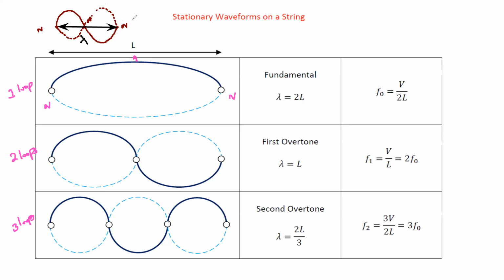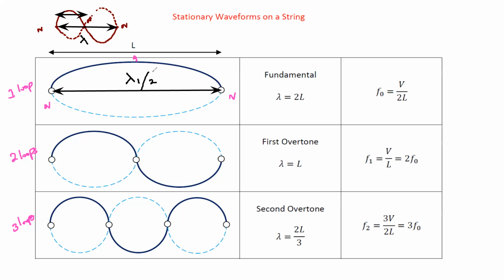So three successive nodes is lambda, and between two nodes it will be lambda by 2. So the distance between two successive nodes is lambda by 2. And it is vibrating in one loop, so we can say lambda 1 by 2.